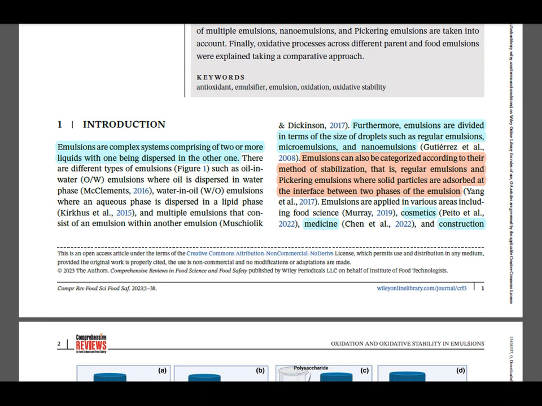They can also be categorized according to their method of stabilization, that is, regular emulsions and Pickering emulsions, where solid particles adsorb at the interface between two phases of the emulsion. Emulsions are applied in various areas including food science, cosmetics, medicine, and construction.